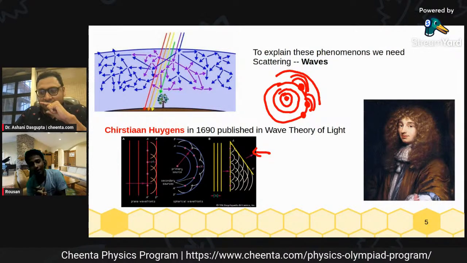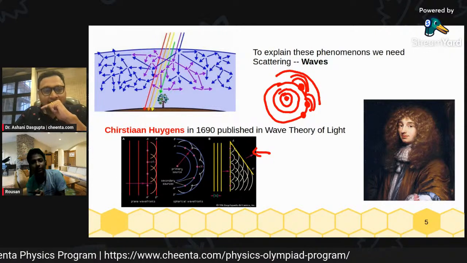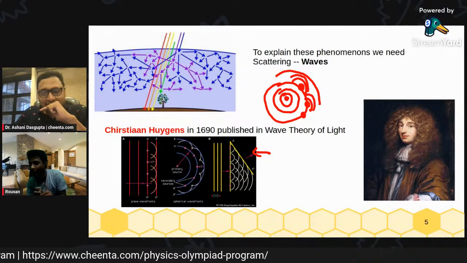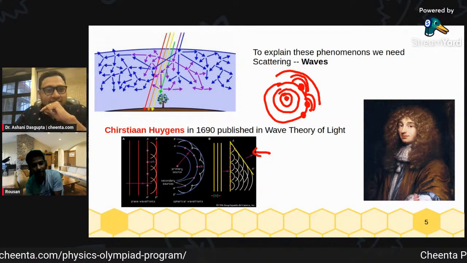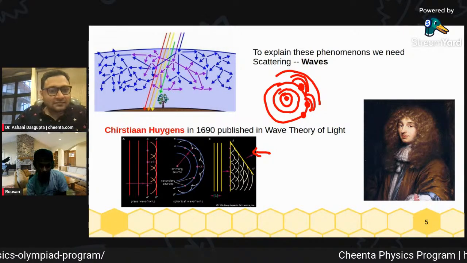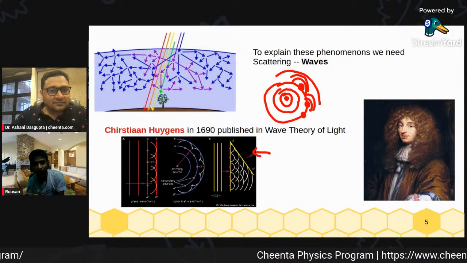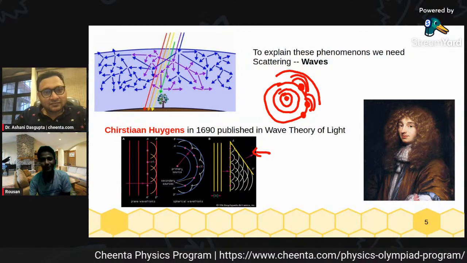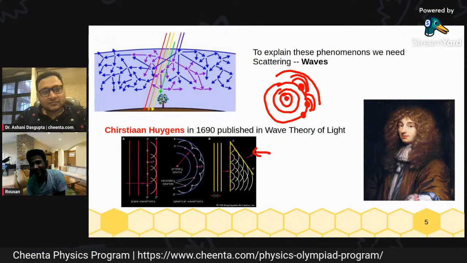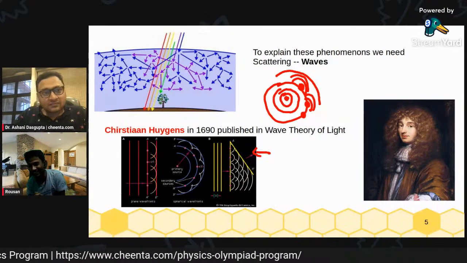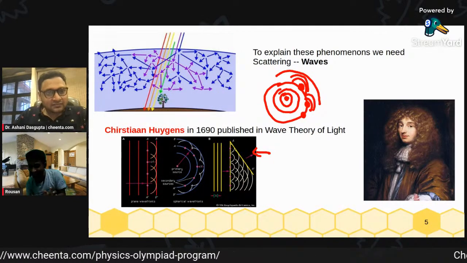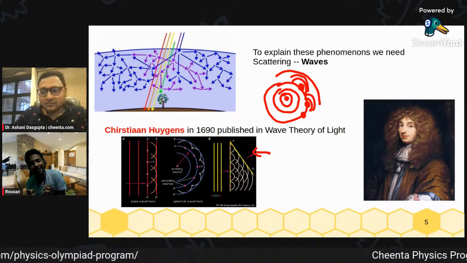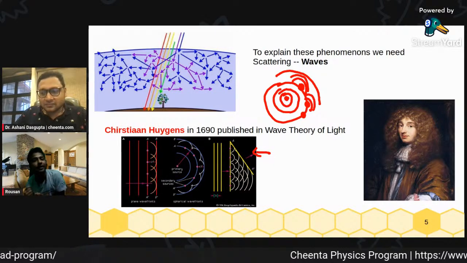No matter how great or how beautiful, how elegant your theory is, if no experimental evidence is there, it has to be wrong. We cannot accept that. Like maybe if some interested students are there, maybe they have heard about string theory. String theory is very nice, interesting, but it is not experimentally verified.